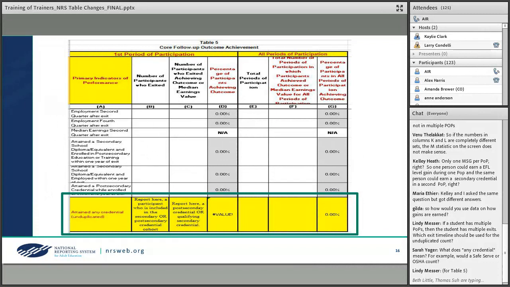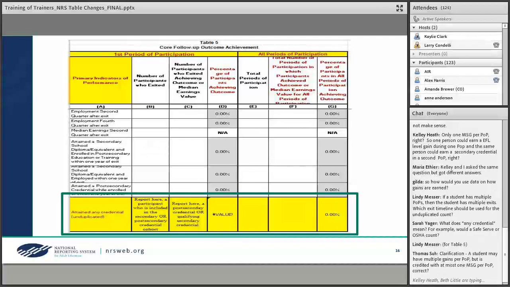If the person doesn't come back, that's the end of it. If the person does, then a second POP counts. So each POP then has indicators that could apply to it, and follow-up that could apply to it if a post-exit indicator is involved.